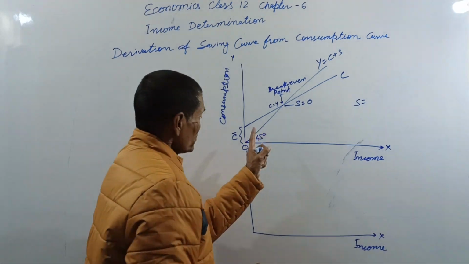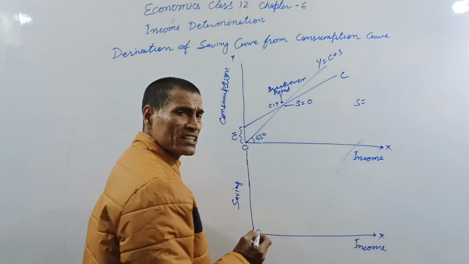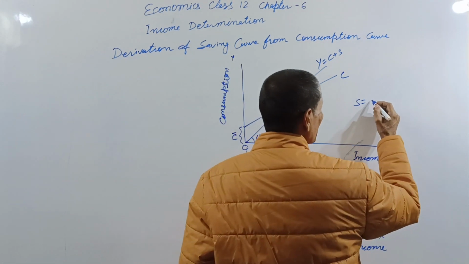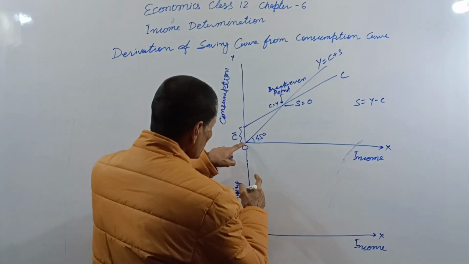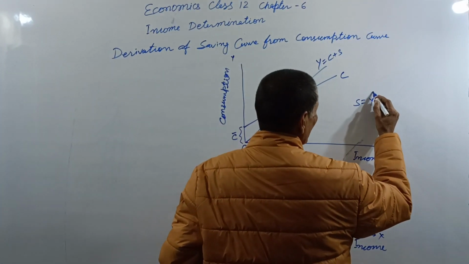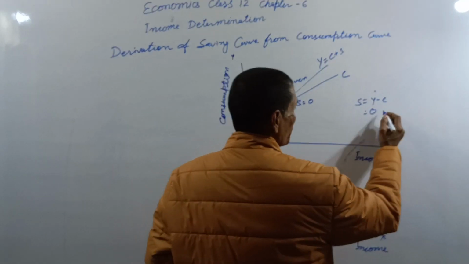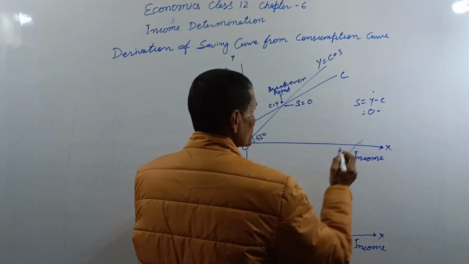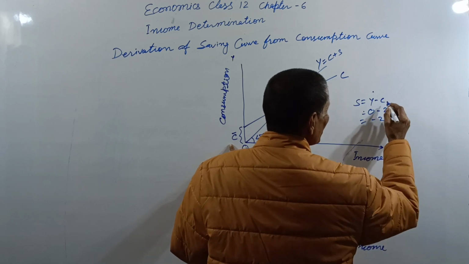Income is 0. Saving equal to Y minus C, as you know, and Y is 0. Suppose consumption is 20, 30, 40, whatever it may be. Y is 0, minus consumption of 20, then saving will be minus 20.